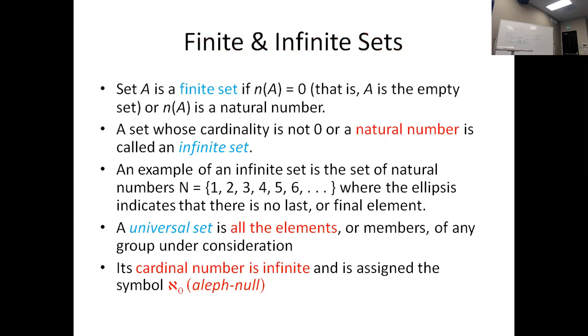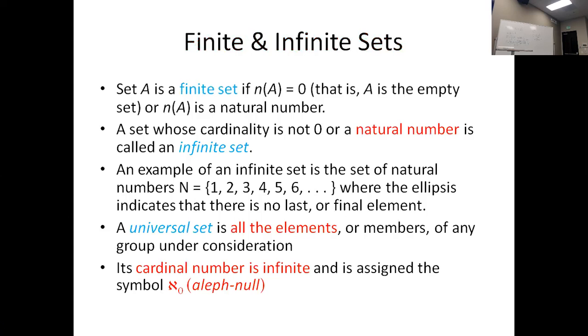The natural numbers start from 1 and go all the way to infinity. A set whose cardinal number is not 0 or a natural number is called an infinite set.